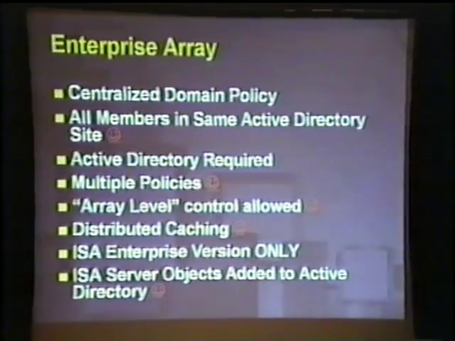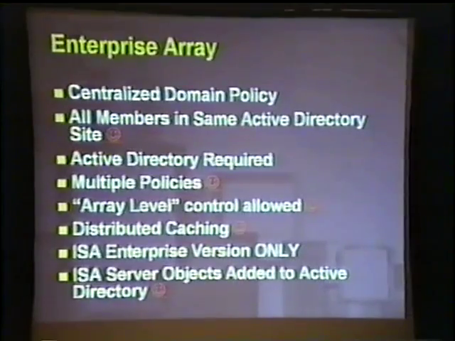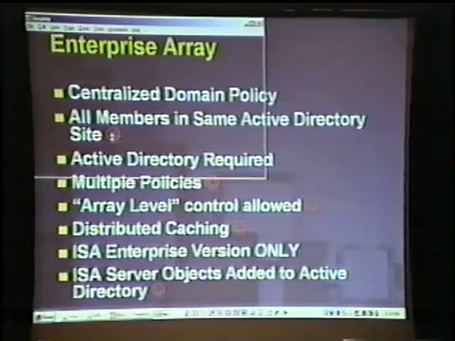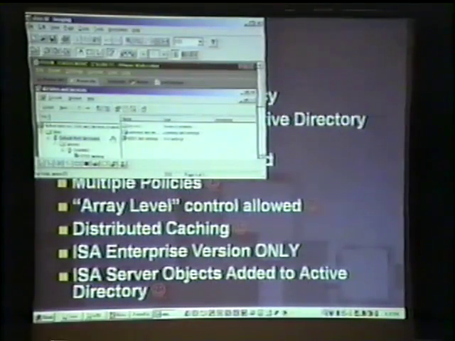All members of an enterprise array, and you can only create an enterprise array with the enterprise version of ISA server, have to be members of the same Active Directory site. And Laura went over some Active Directory concepts. I'll show you the Active Directory Sites and Services console here.